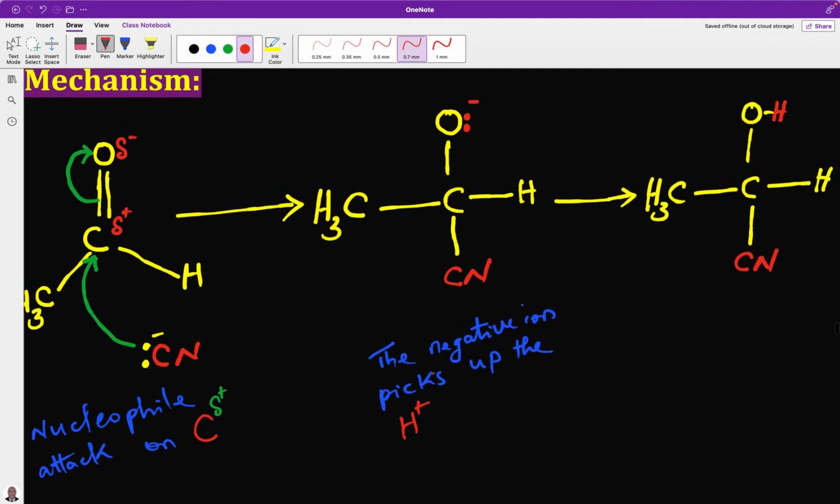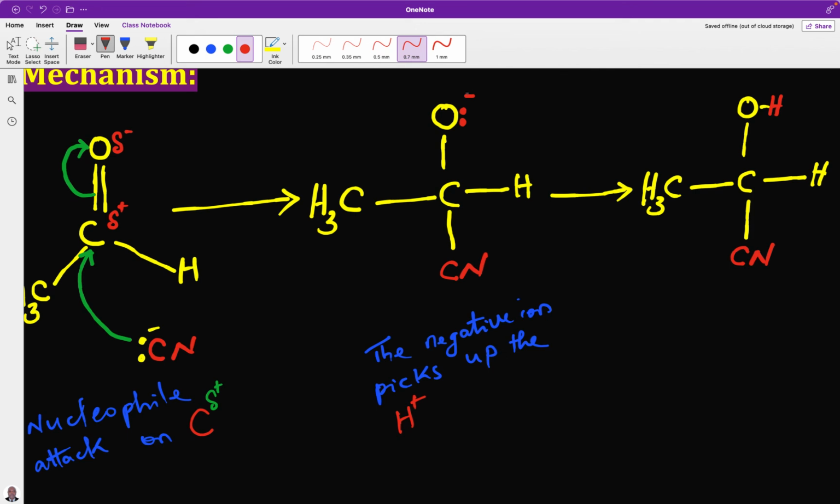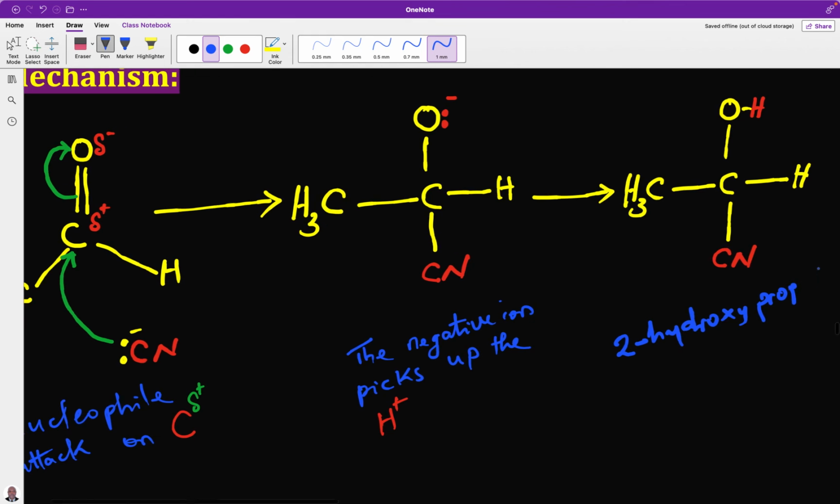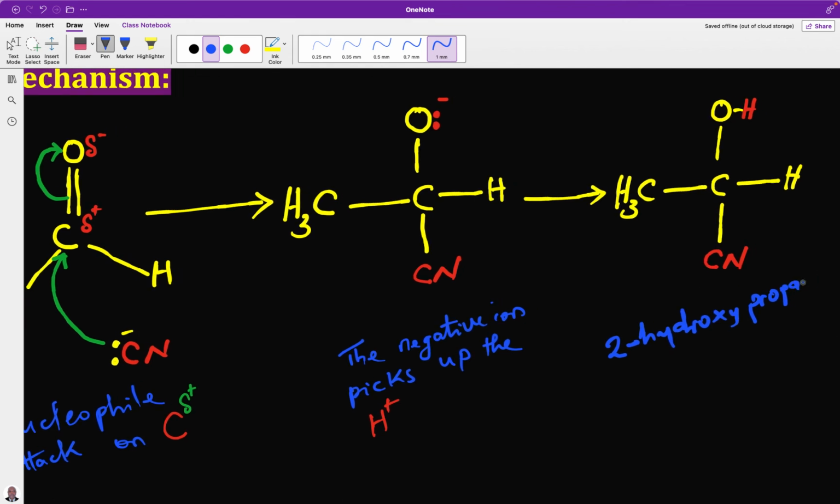Now, the product 2-hydroxypropanenitrile is formed.